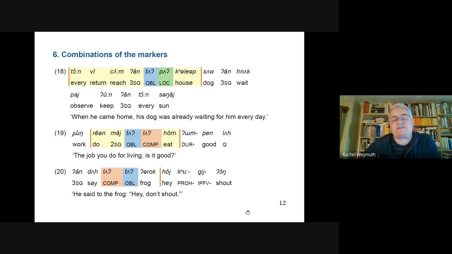Then there are also combinations of the markers. In example 18: when he came home, his dog was already waiting for him every day. Here we have the oblique marker da and the locative marker pa. Here it is not yet clear why this is used here.